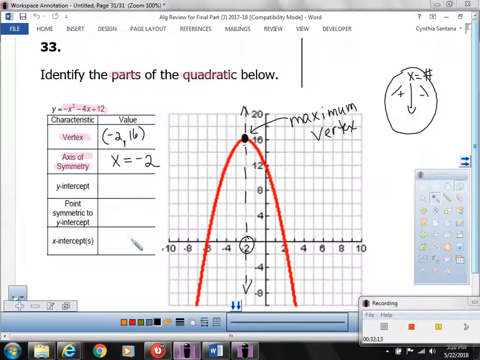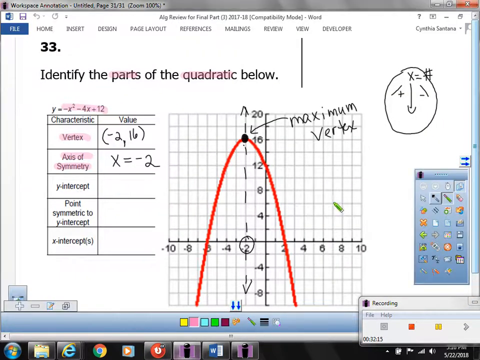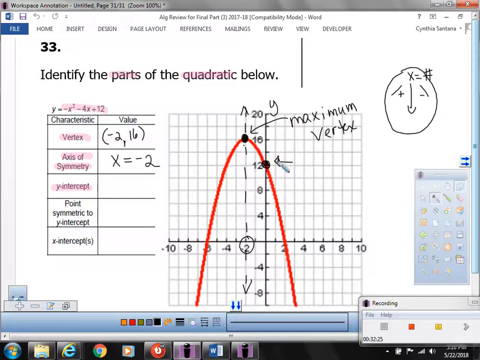Okay. Now the y-intercept is where it crosses the y-axis. So if you look at the picture right here, this is our y-axis, and this is the point where our graph crosses the y-axis. So it's at 0, 12.